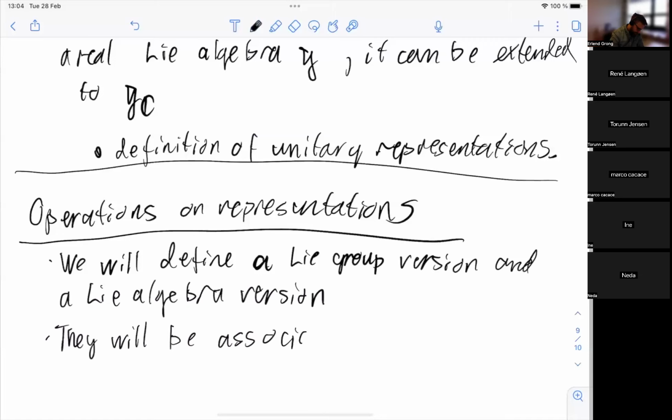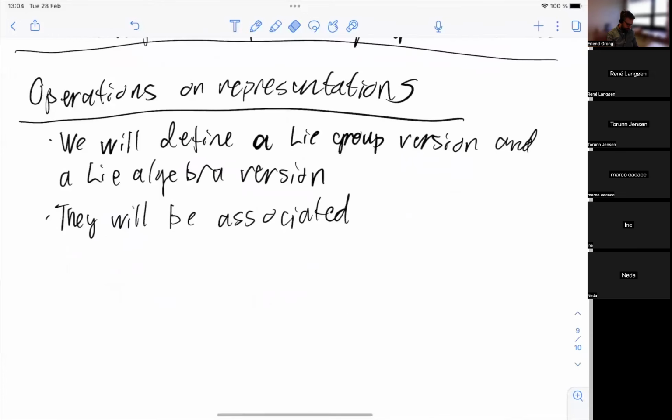This will always be associated. So meaning that if I start off with associated representations, the new representations that we'll make using the direct sum, the tensor product, and the duals will also be associated. And it will be your job in the exercises to show this.